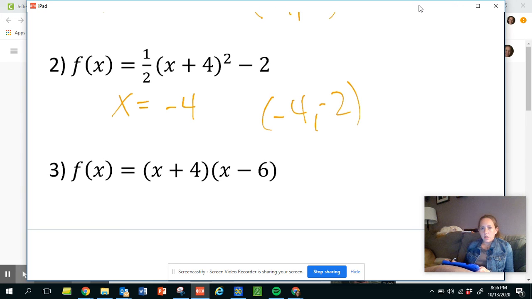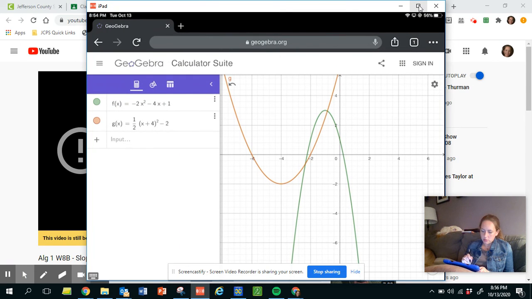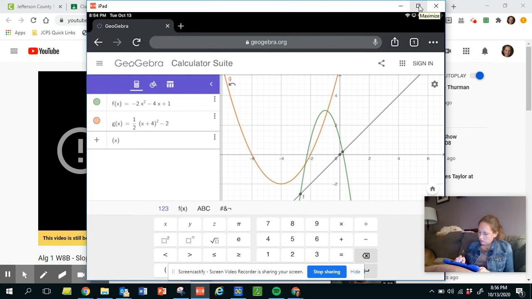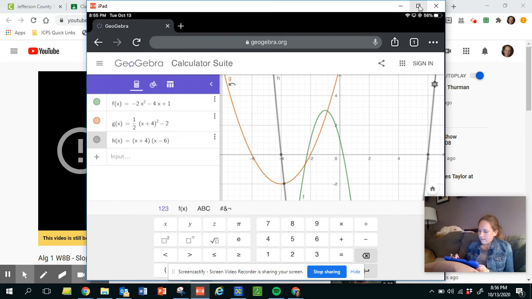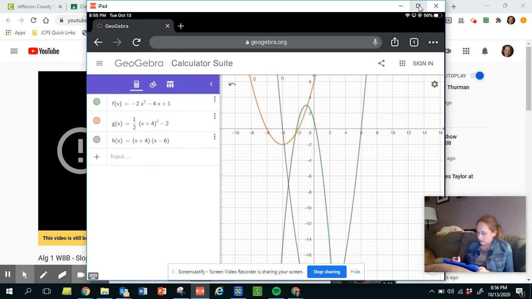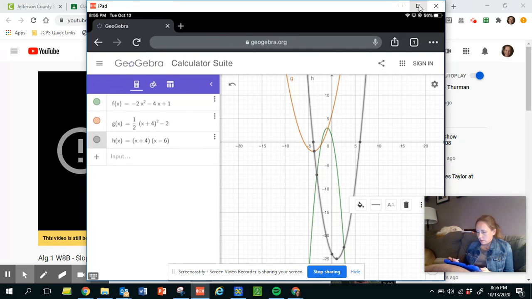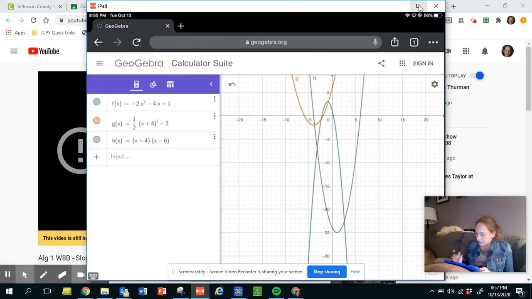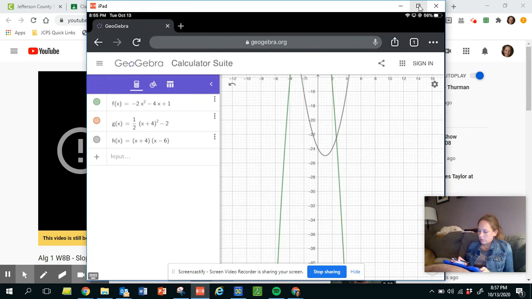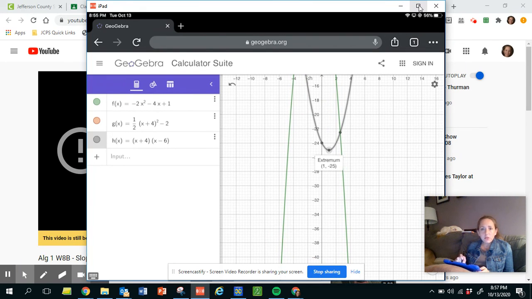Okay. So last one is vertex form. X plus 4, x minus 6. All right, so this is this bigger parabola. On GeoGebra, if you click on the point you want, it will tell you what it is.